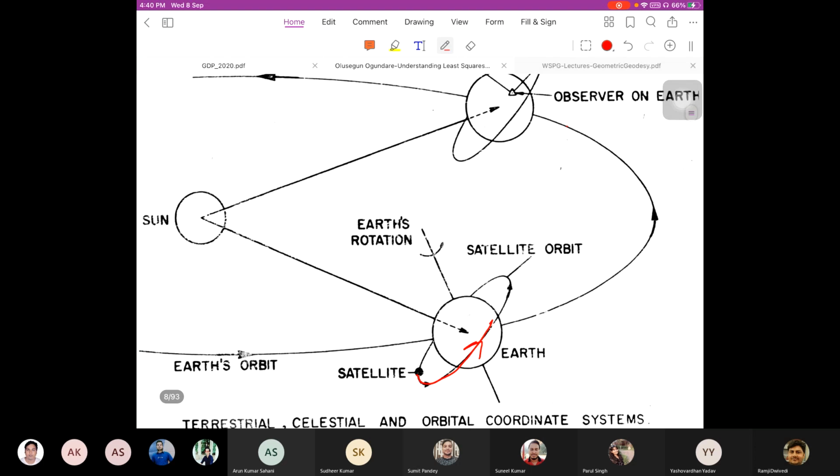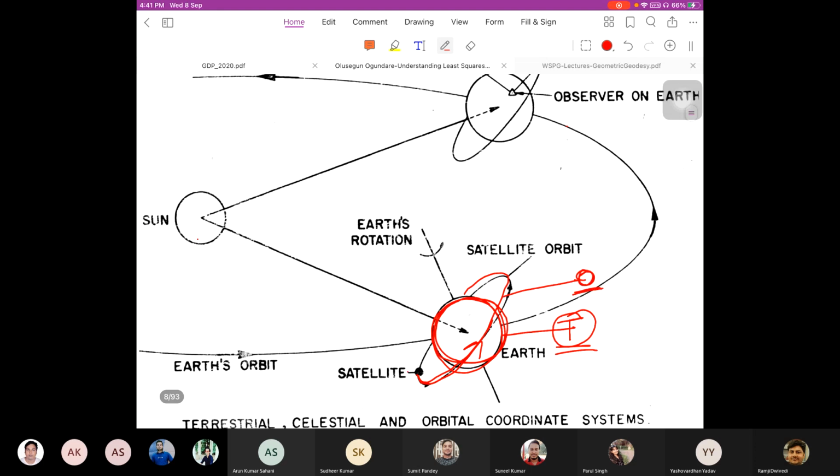So these are the terrestrial, celestial, and orbital coordinate systems which we have to take care of. When we are working solely on Earth, we do not know what is outside the Earth. We are working in terrestrial space. When we move out of the Earth and we have satellites in our orbit, then we are working in an orbital system for satellites.